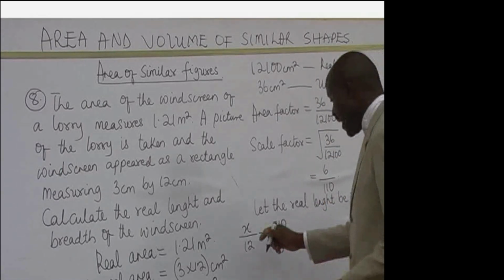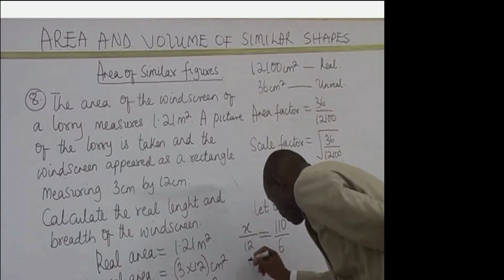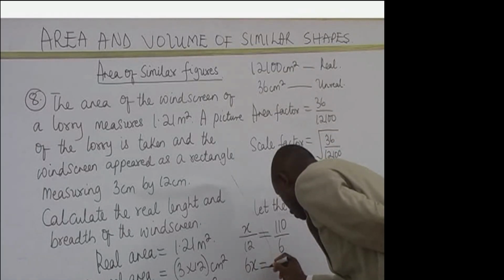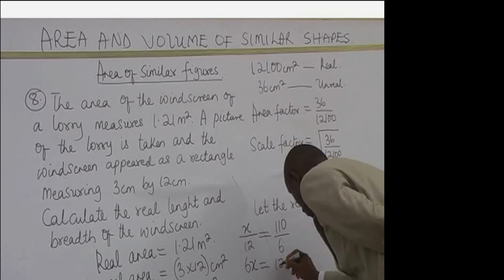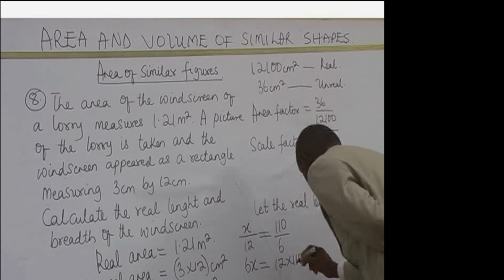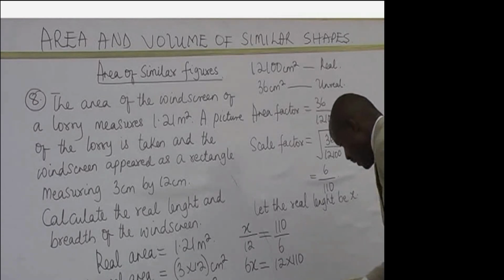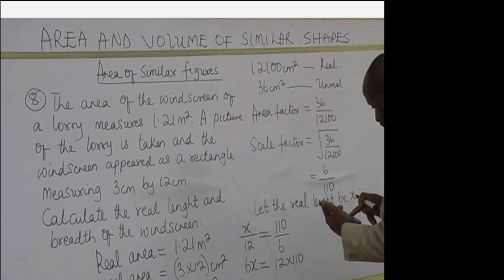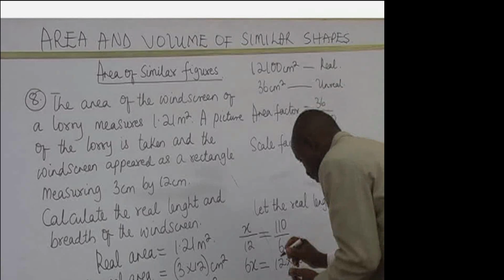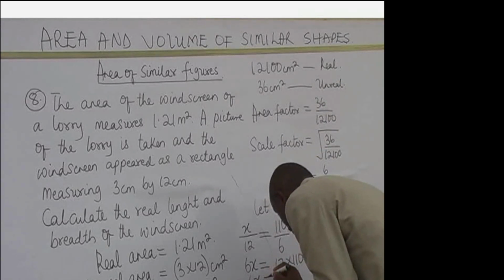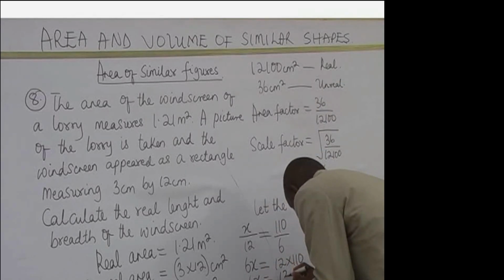If you cross multiply, x times 6 will give you 6x, and it's going to be equal to 12 times 110. Let's multiply this out. 12 times 110. That means 6x is equal to 1,320.